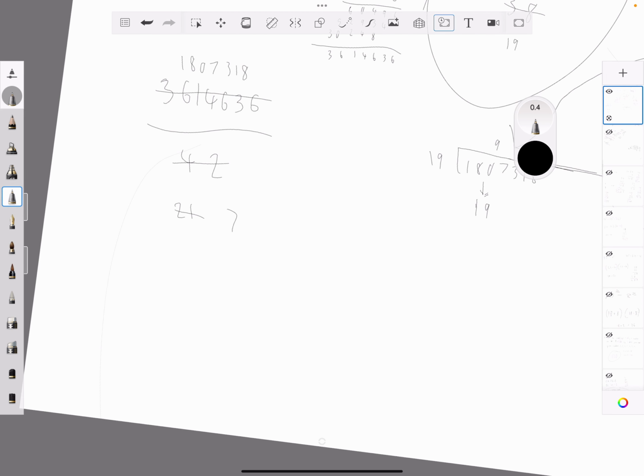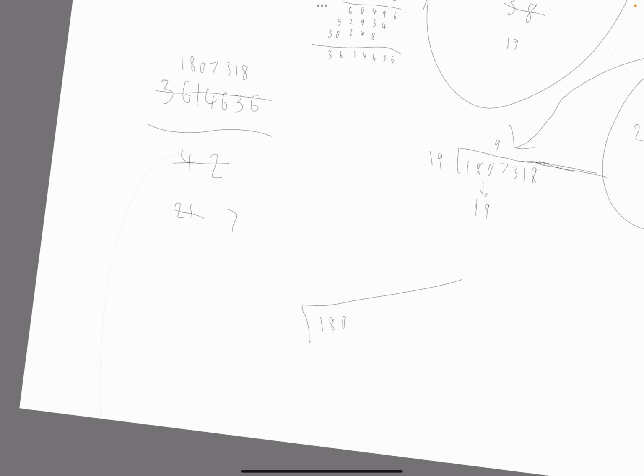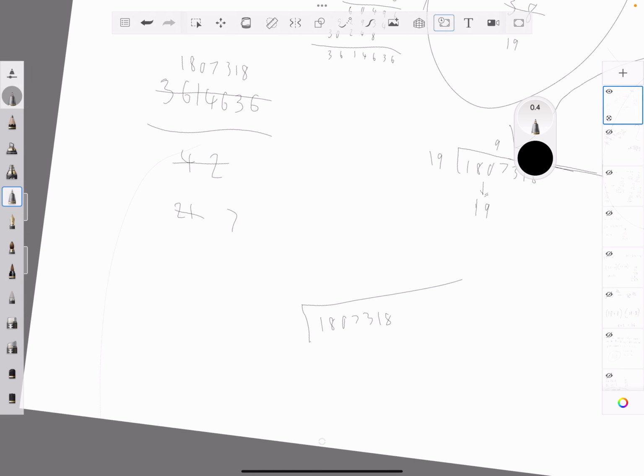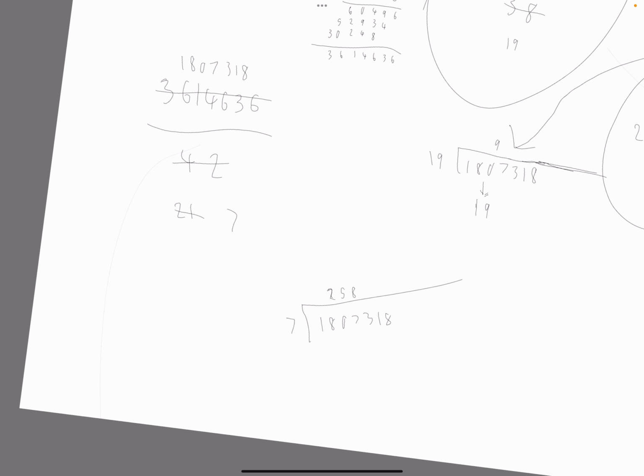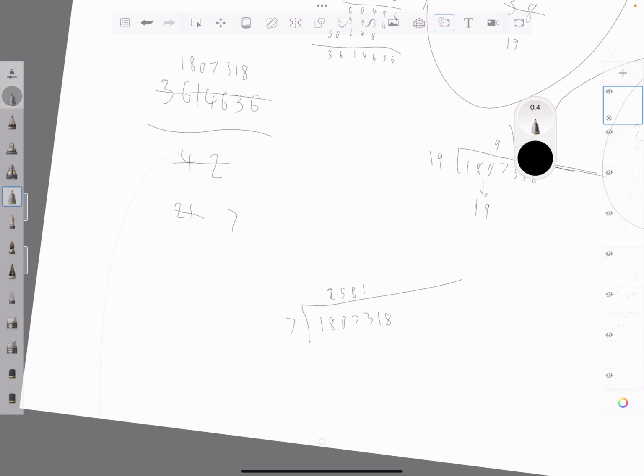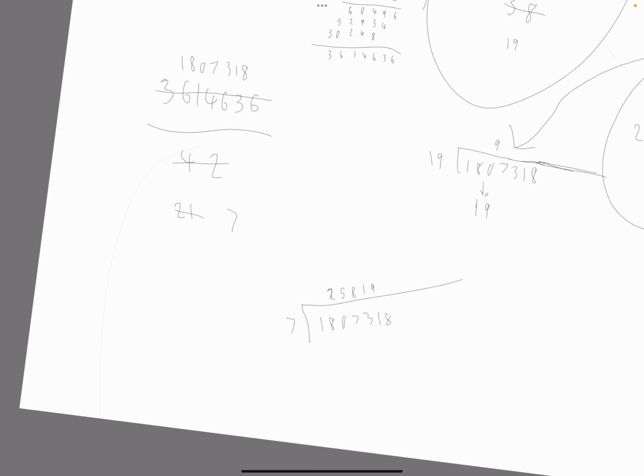Because over here is 8. 1807318 divided by 7. 2 7 14, 4, 5, 4, 5, 6, 7, 8, 4, 40. 5 7 35. 57, 56, 13. 61, 9, 1. Okay, this is manageable.